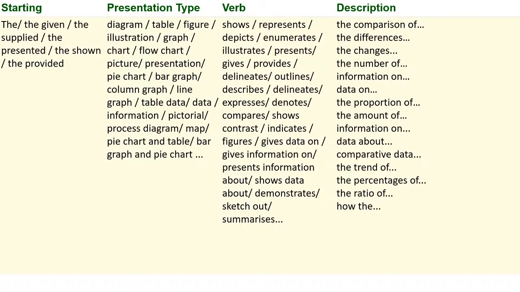Further, now let's talk about the starting, presenting the type, and the verb and description. You can write something like the given diagram or the table. You can choose any category. Let's take an example.